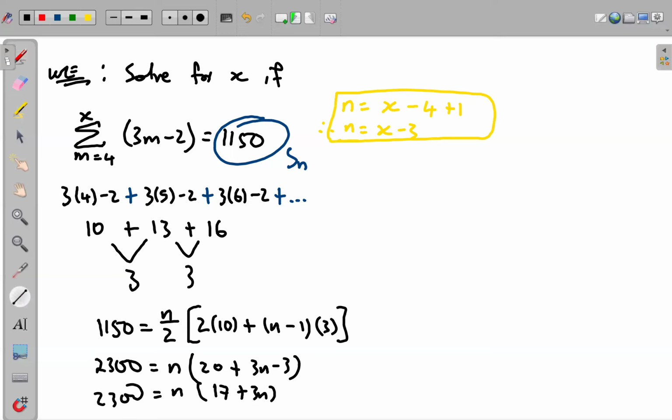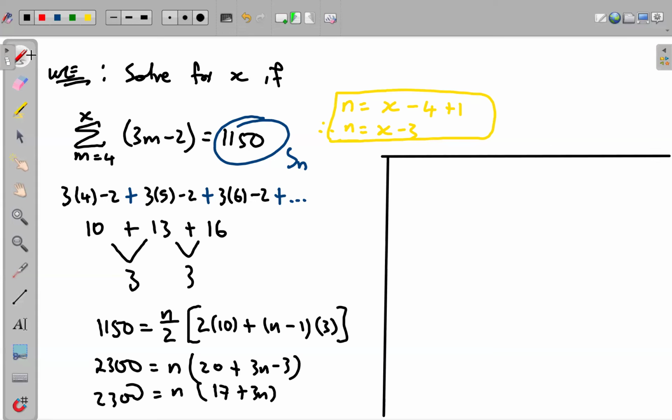Then we're going to close it off by using the quadratic formula, because we anticipate a quadratic equation here.